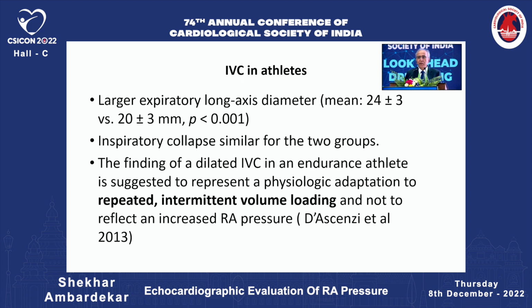That means IVCs are dilated in athletes even in the absence of high RA pressure. And what is the reason? The reason is their repeated intermittent volume loading, and therefore the IVC is dilated. But the collapsibility index will be normal, even though the IVC is dilated. So by IVC dilatation alone, you should not be diagnosing high RA pressure.